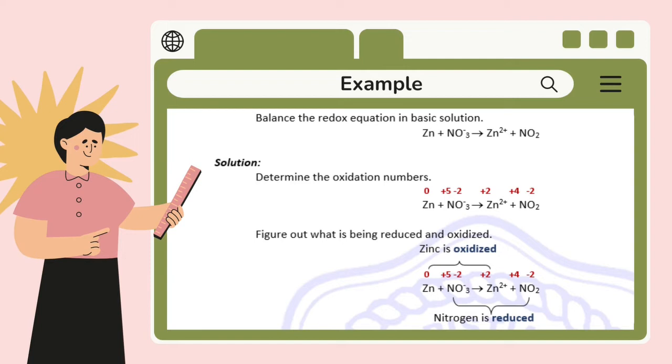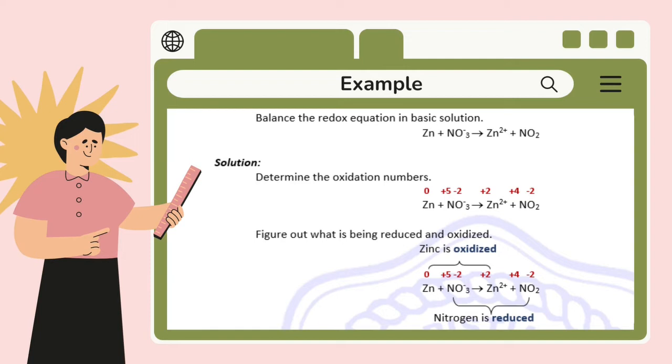Next is on this one. As you can see in here, NO3⁻ has positive 5 and minus 2, so we're gonna be having positive 5. And NO2, we have positive 4 and negative 2, so we're gonna be having positive 4.